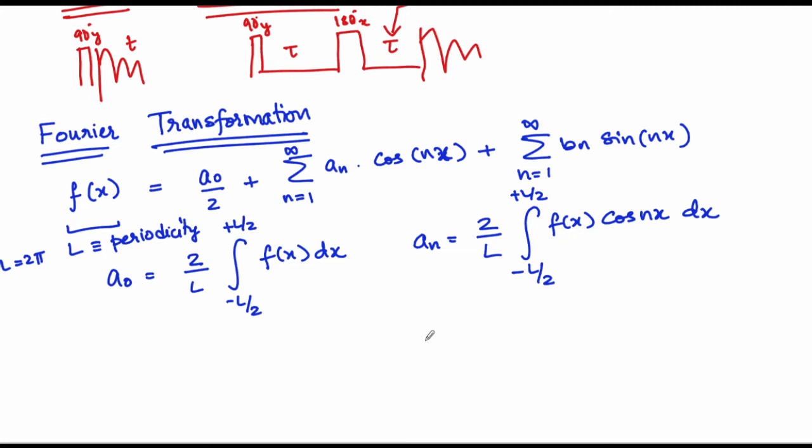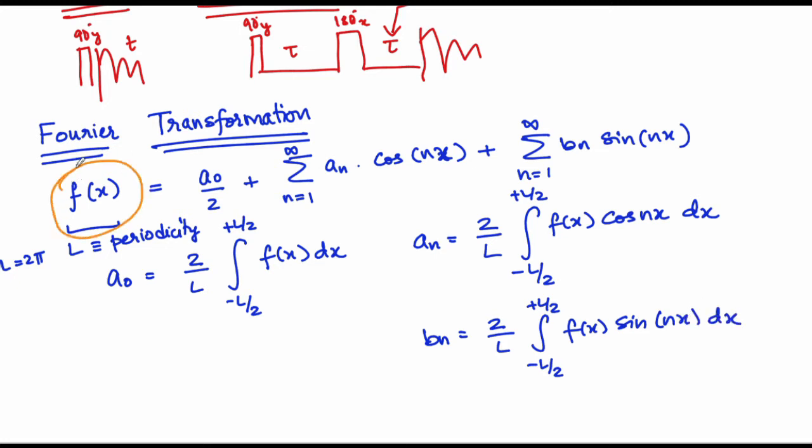And similarly, bn will be given by 2 over L integral from minus L by 2 to plus L by 2 of f of x sin nx dx. So you can take any periodic function and these coefficients would be determined by these integrals as shown here, and the functions that represent f of x are the sine and the cos function.